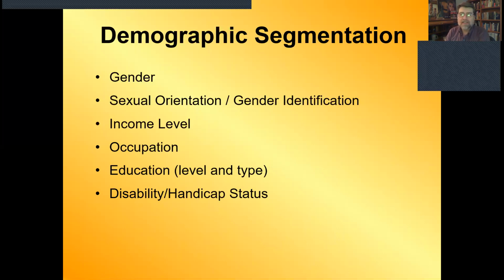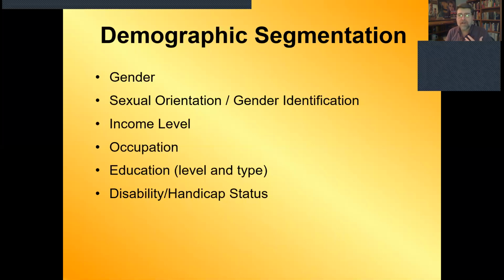Demographic segmentation is the most commonly used type of segmentation, and the reason for that is it is the easiest to identify. We're going to go through three other types of segmentation. However, this is the most used because if you and I meet and I look at you, I could probably check off a few of the boxes under demographic segmentation.